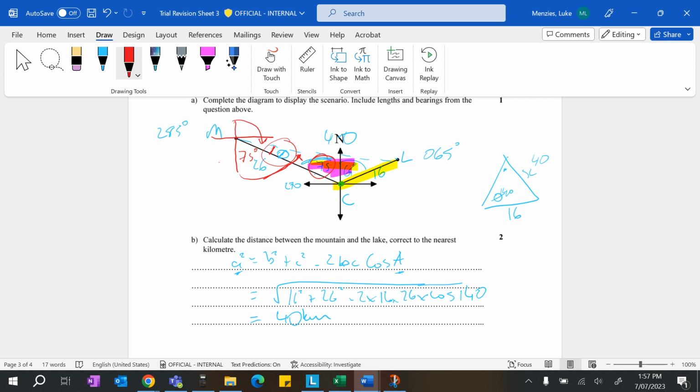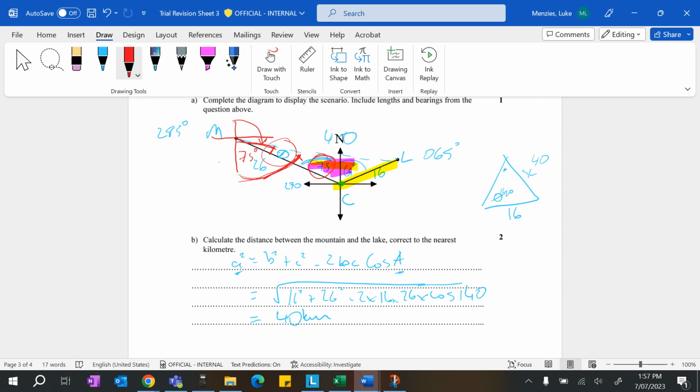Because remember, this angle is only a slither of this little section here. It's not the whole thing. When you see the answer, it's very small. So having that angle on its own is not going to help us, but knowing this whole bit here and taking that away from 180 can give us our bearing.